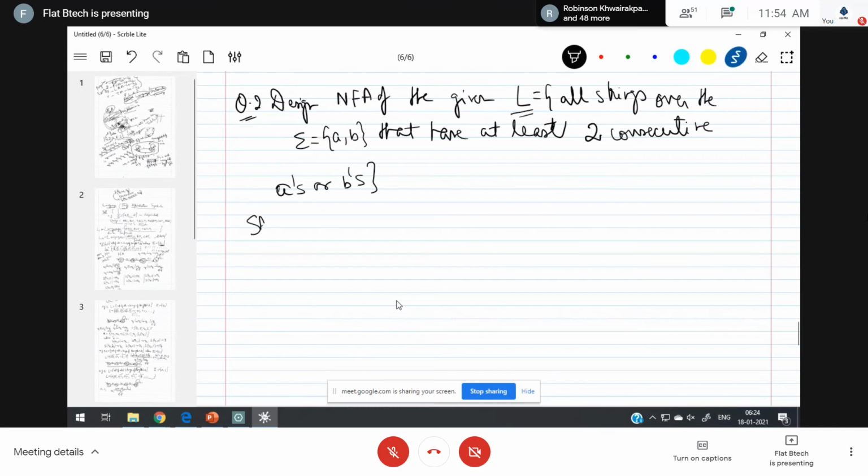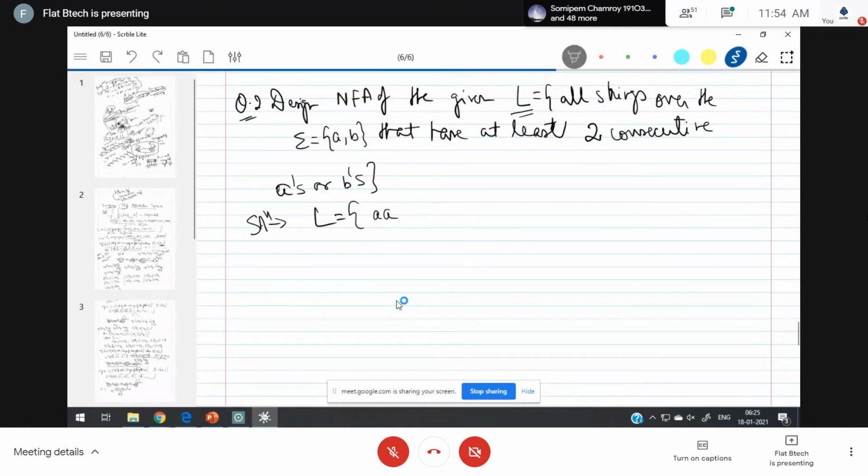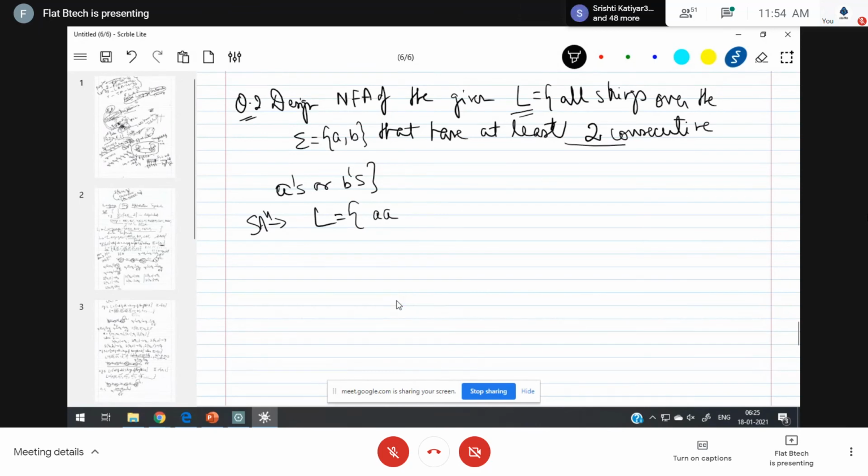I'm going to repeat it again. I need to understand L first. L is going to be a combination of a's and b's, but the condition is that you need to have either aa or bb. It may be at the initial point, at the ending point, or in between. The language should have aa or bb, at least two consecutive. You need to find such a condition first.